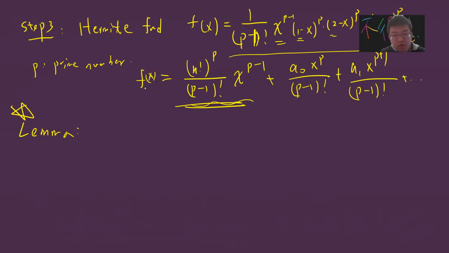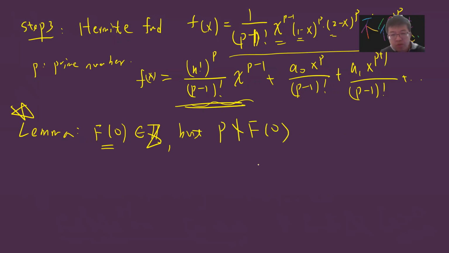Okay, so the lemma is that if you define f to be this, then remember we get our lovely capital F, right? So the lemma tells me that f of 0 is an integer, but p does not divide f of 0.